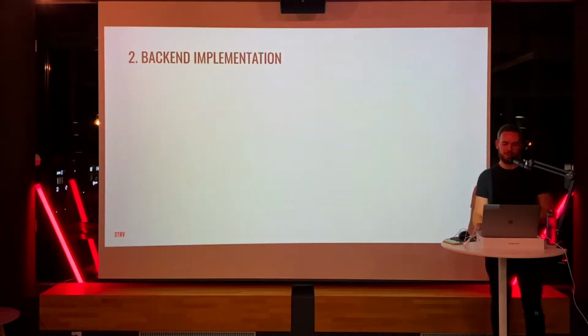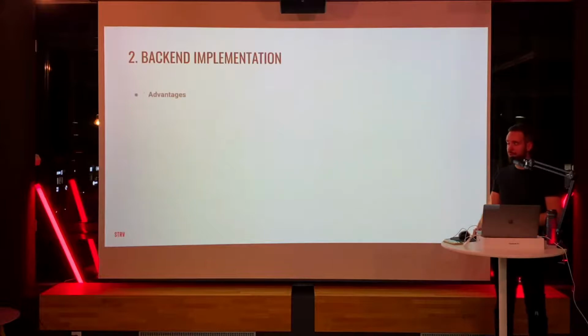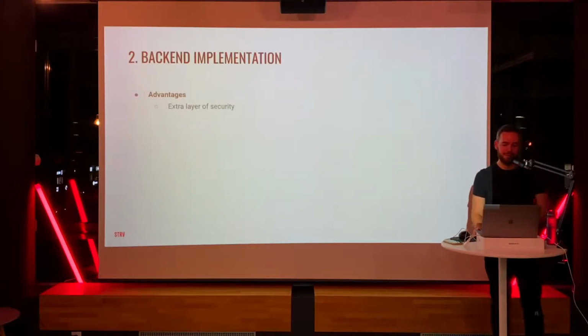So let's go to the advantages of this. The biggest advantage, in my opinion, is an extra layer of security. Actually, when I chatted with my backend colleagues, they even proposed a safer solution where we create the key pairs on the backend, and then the mobile device just requests the public key, and the key pairs are created just for one-time use.